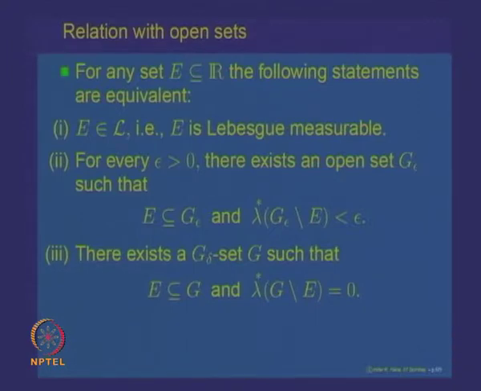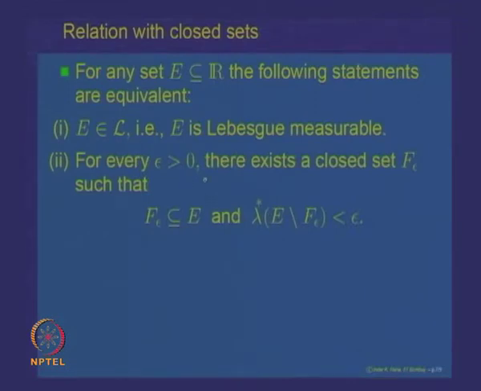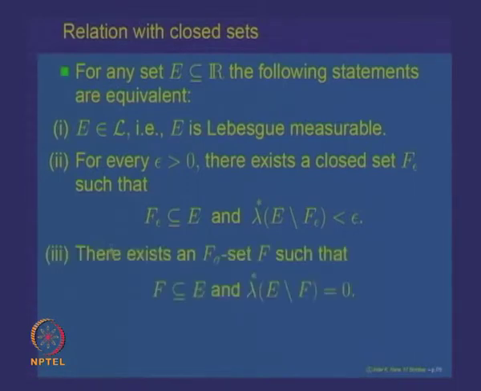A corresponding characterization of Lebesgue measurable sets is obtained in terms of closed sets. Let us state that also and prove it. So, for any set E in R, the following is true, namely E is Lebesgue measurable is equivalent to saying for every epsilon bigger than 0, there exists a closed set inside E such that the Lebesgue measure of the difference is small, and that is equivalent to saying that there is an F sigma set.